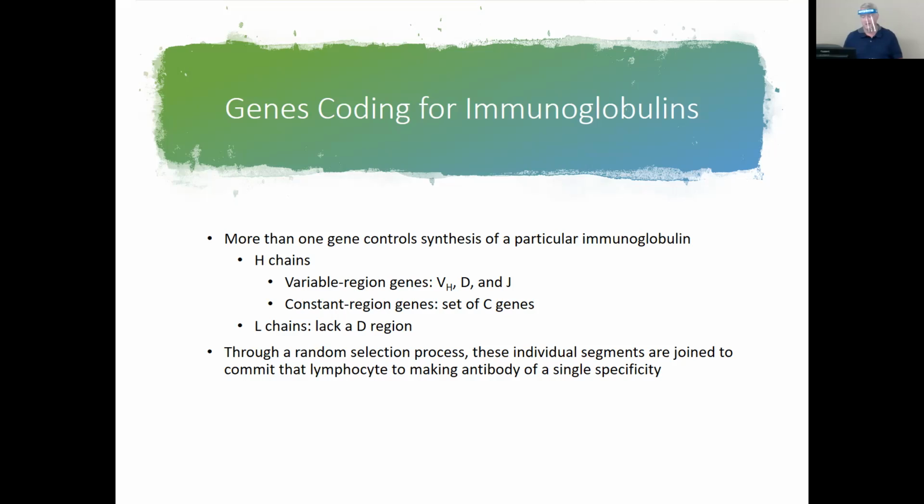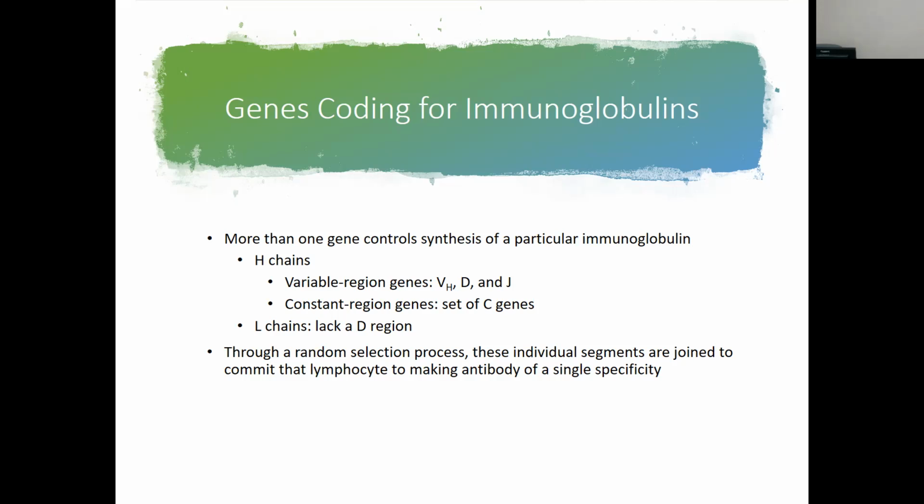So, again, I don't want to get into the genetics. I don't want to spend weeks trying to figure out if you understand what's going on. But you do need to know that the H chain of the immunoglobulin is found on which chromosome? H is located where? 14.